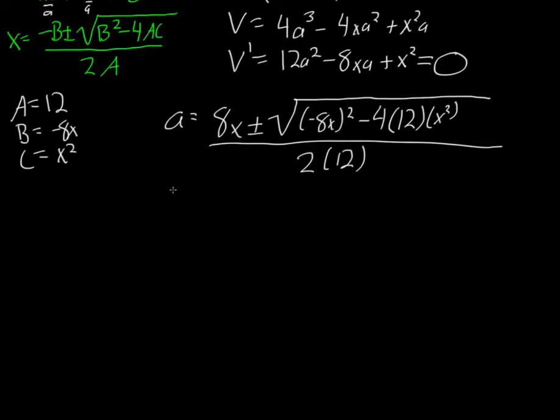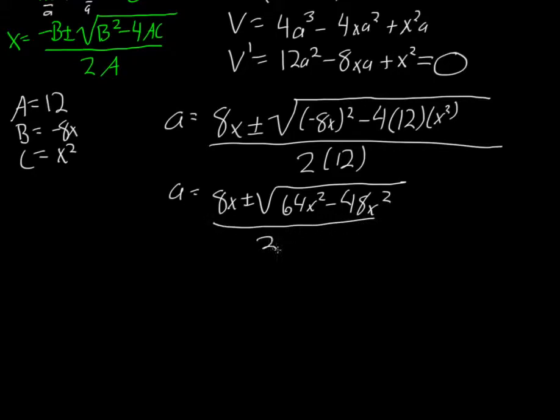Now, it's just a matter of algebra. a is equal to 8x plus or minus the square root of 64x squared minus 48x squared over 24. That further simplifies down to 8x plus or minus the square root of 16x squared over 24.